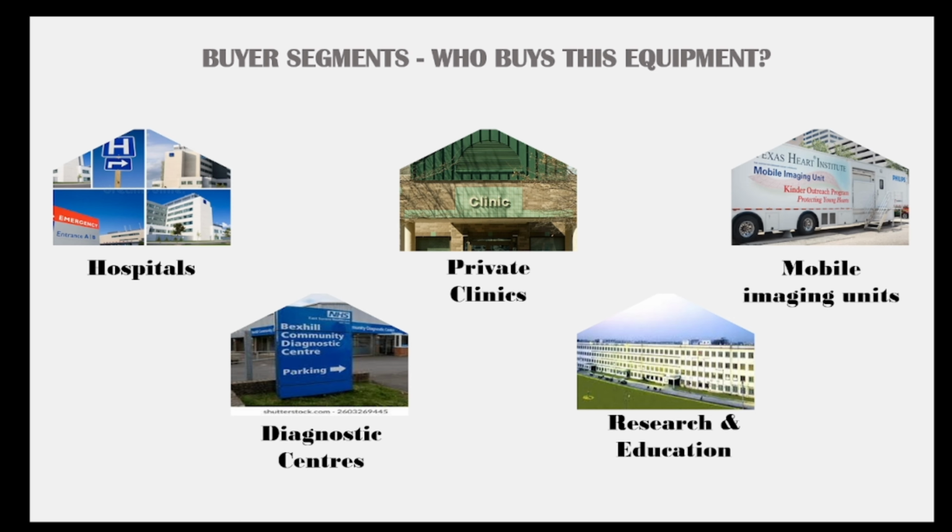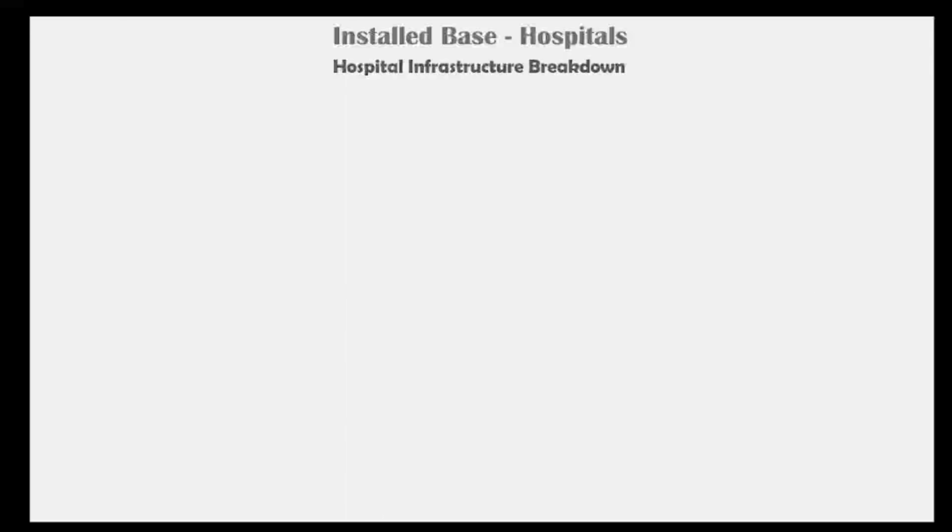Also, there are private clinics, research and education institutions, mobile imaging units, veterinary clinics, and even industrial use. So this is an exhaustive list of all kinds of buyers who will buy this equipment, not just hospitals. Now let us begin with the hospitals because they are the foundation.